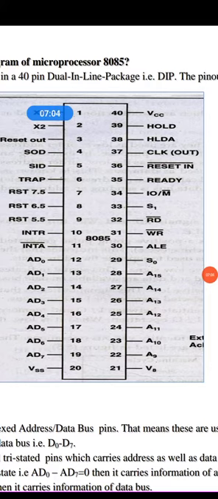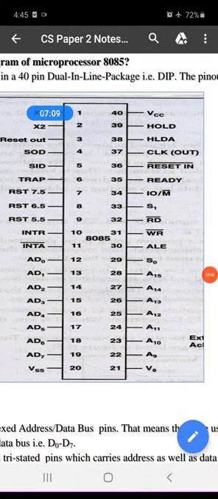Then pin number 38 is HLDA, hold acknowledge, and pin number 39 is HOLD. That is, the processor is giving the direct memory access channel to the buses to make the data flow freely on the data buses.